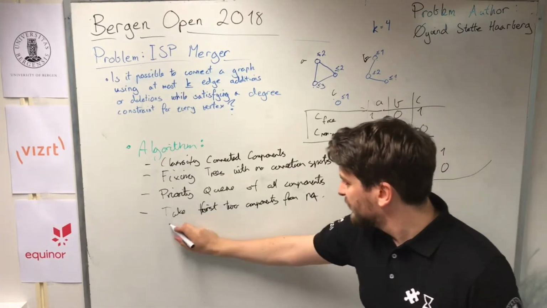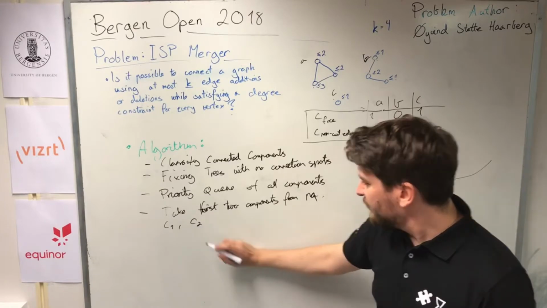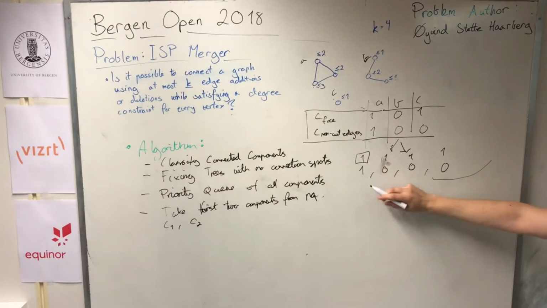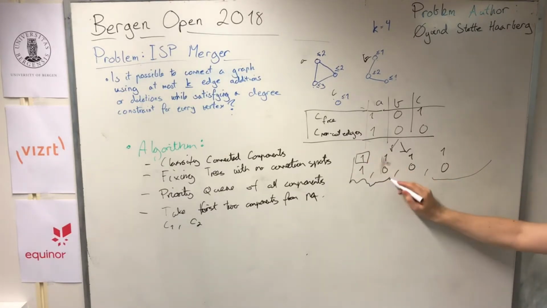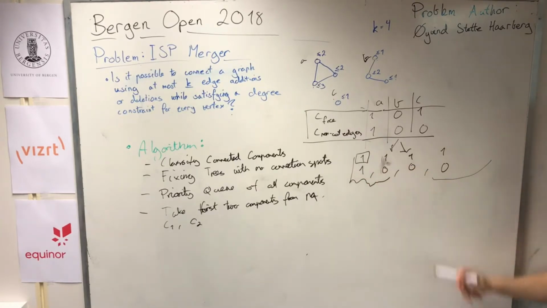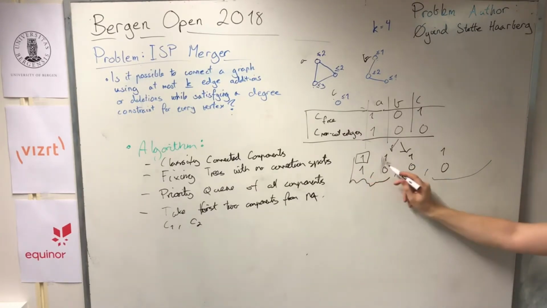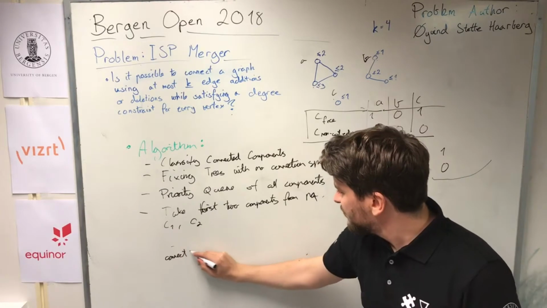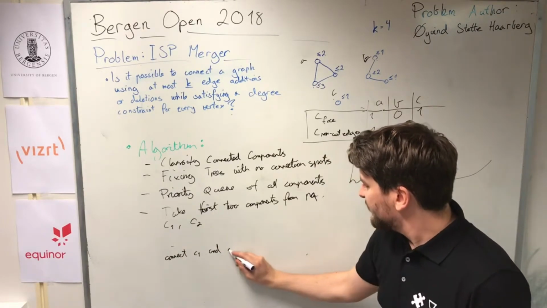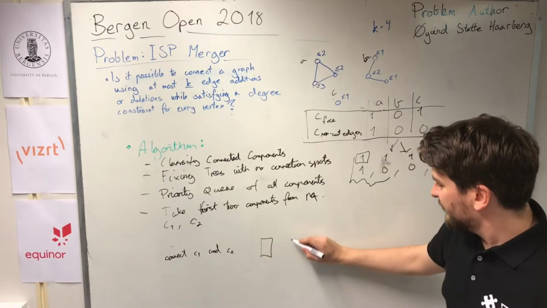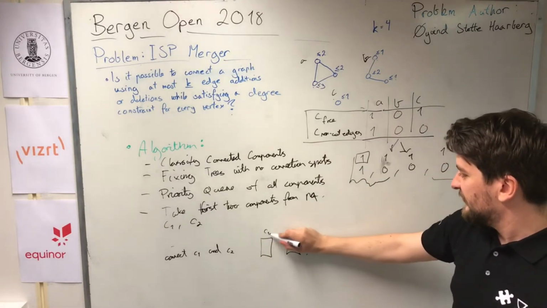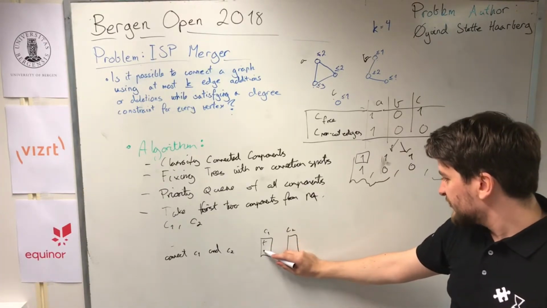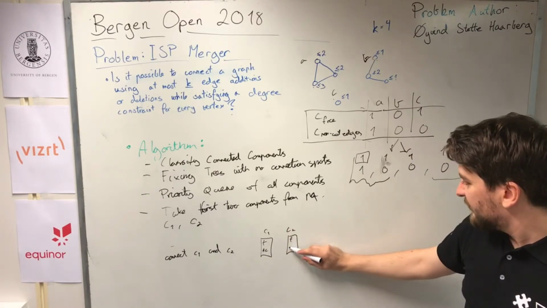We can label them C1, C2. So for both C1 and C2, we need some free connection spot. So in the first iteration here, we're going to take these two. These are the first ones in our priority queue. Both these have free connection spots, which is fine, and we can just add them together. If we have some component here, C1, C2 is going to be a tuple of free and non-cut edges, and the same for here.